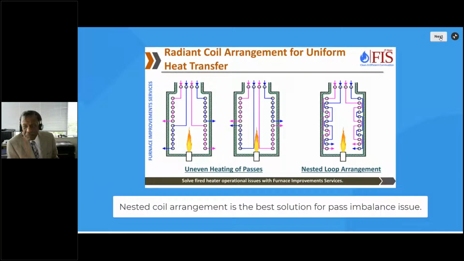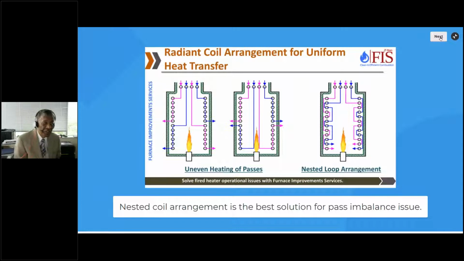So one of the problems we have seen in cabin heaters is pass imbalancing, and what we have seen is that the two passes on the top are running very cold and the two passes in the bottom are running very hot. So that happens pretty often. And if you have that type of problem, there are many ways of solving it, but one arrangement is called nesting of the passes.